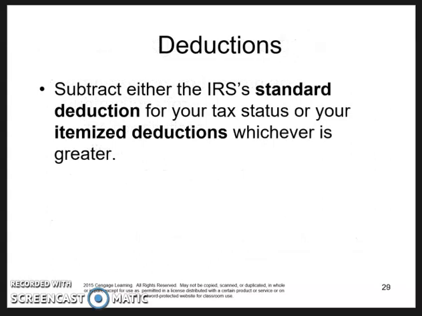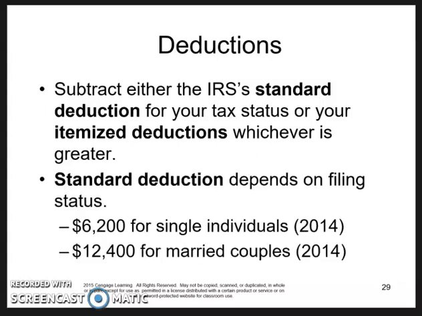Then deductions. We're going to decide whether we're going to take the standard deduction or we're going to itemize. As I mentioned, that threshold is much higher with the standard deduction in the new tax law: 24,400 for married people and 12,200 for single. So it's a considerably greater threshold.